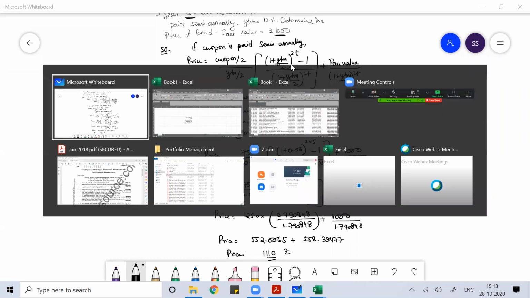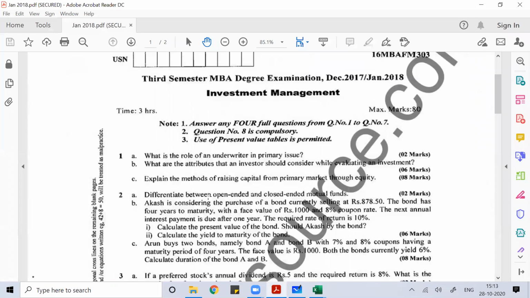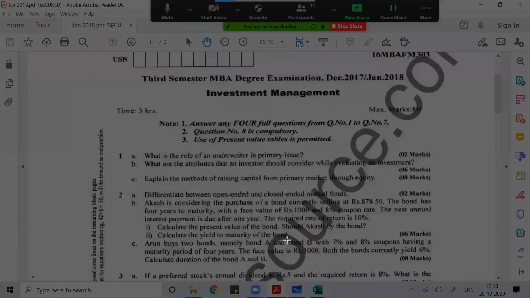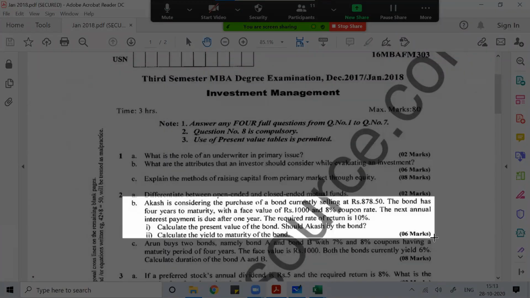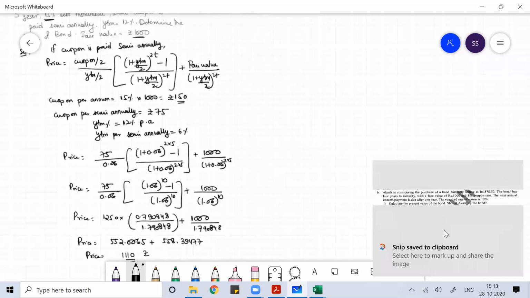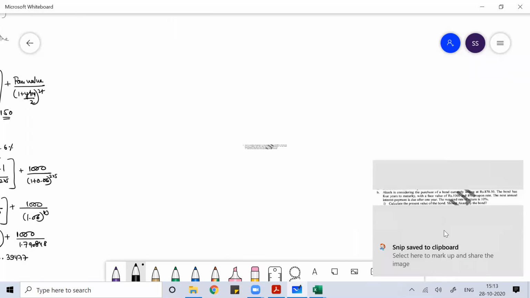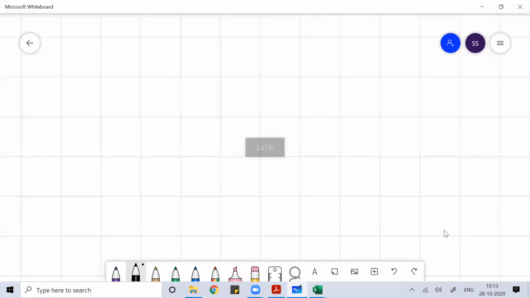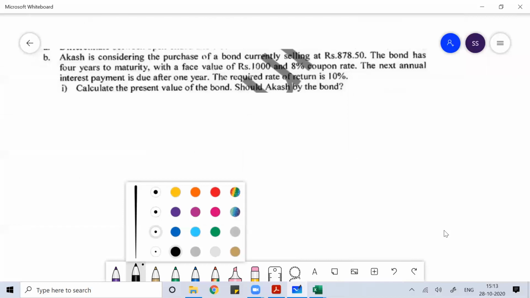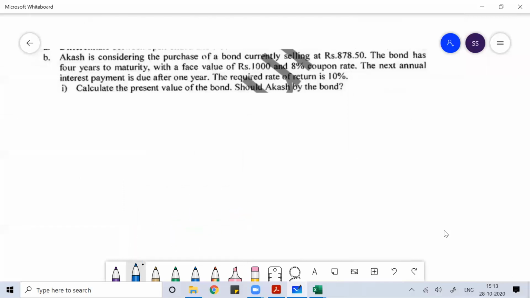Okay, so we'll do the problem which came in the exam. You can see this question. Now see this question.